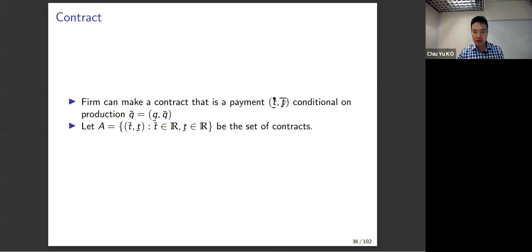High output, I pay high. T can be negative or positive. So I just have two contracts.